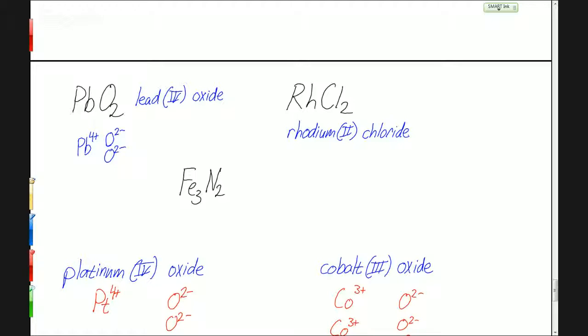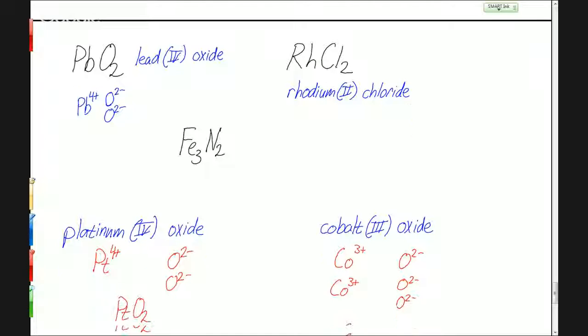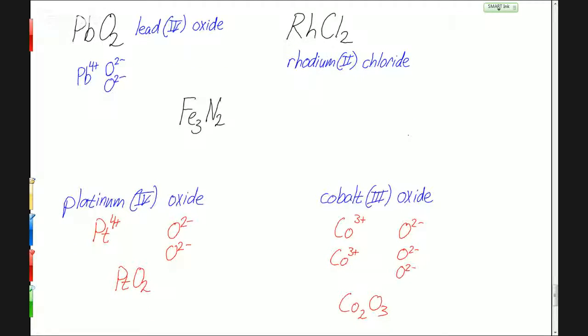It's going to be a tricky one, right? So iron, again, we don't know. Could be 2, could be 3. What about N? Yeah, N's generally going to be 3 minus if it's just by itself in an ion like this. So we've got 2 3 minuses and then 3 irons.